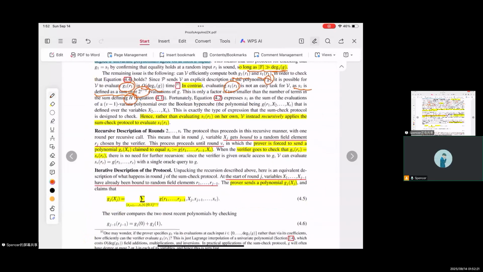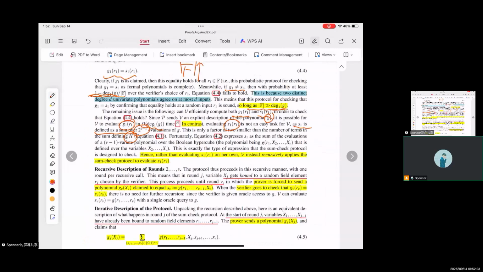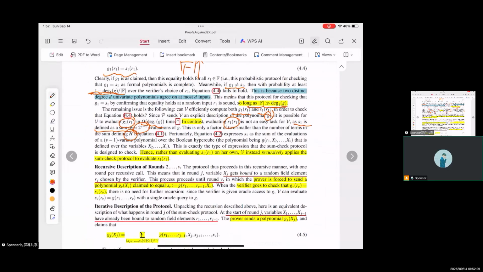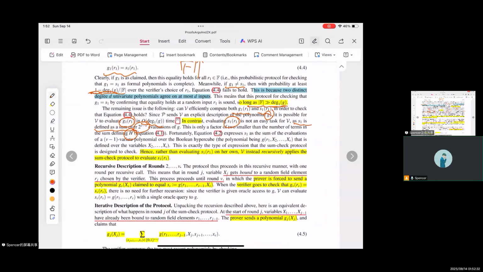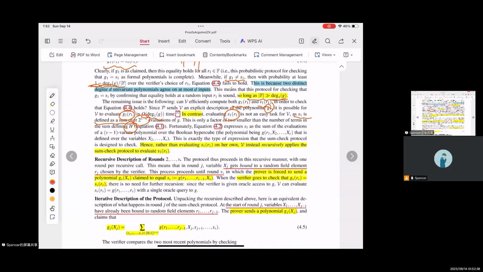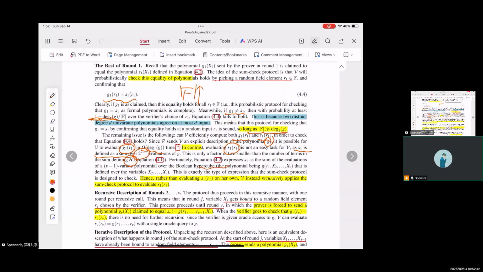Okay, that's the logic of this one. It is also time costing. Fortunately, equation 4.2. Okay, let's see 4.2.